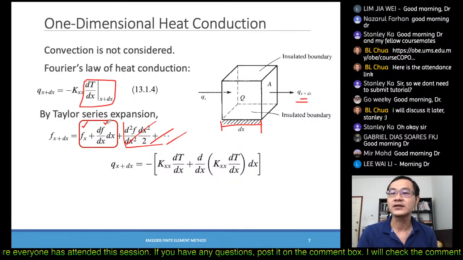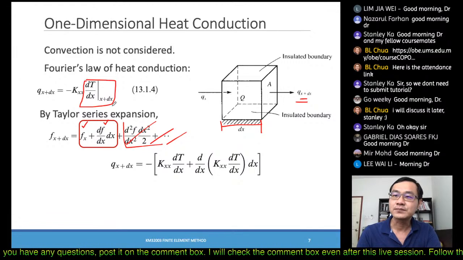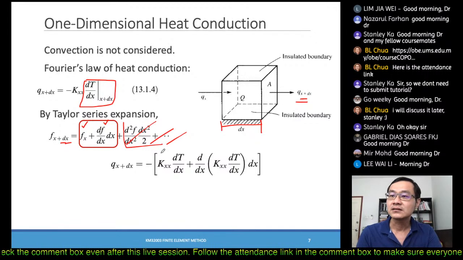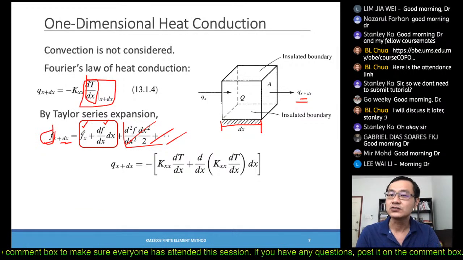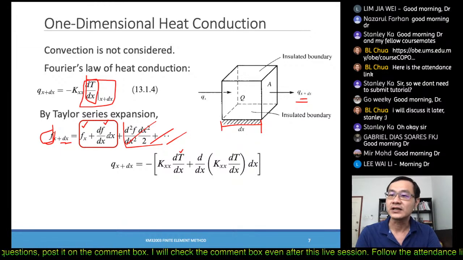So once we take the first two terms, when we differentiate with respect to x, plus dx, we would get this, which would be our function itself. So our function remains, dT over dx, plus d of our function with respect to dx.